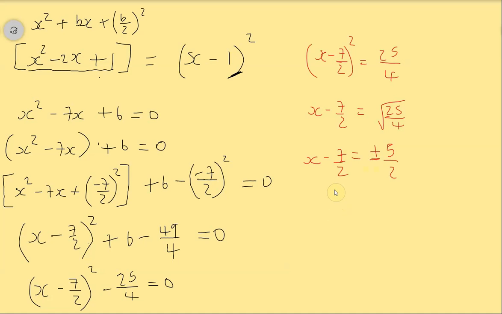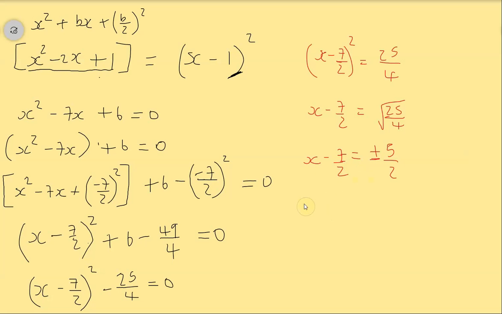Because if you square negative 2, you would get 4, and if you square positive 2, you would get 4. So the square root of 4 is a positive or a negative 2. In a lot of cases, you're just going to use the positive square root, but for these problems, we use both the positive and negative.